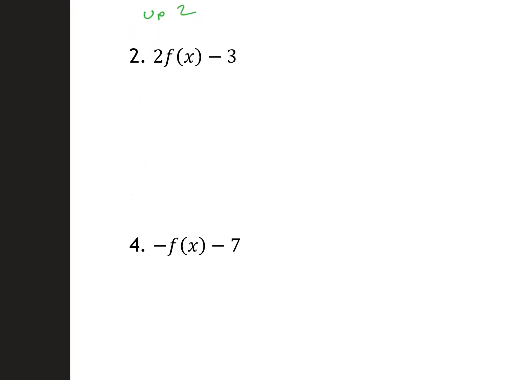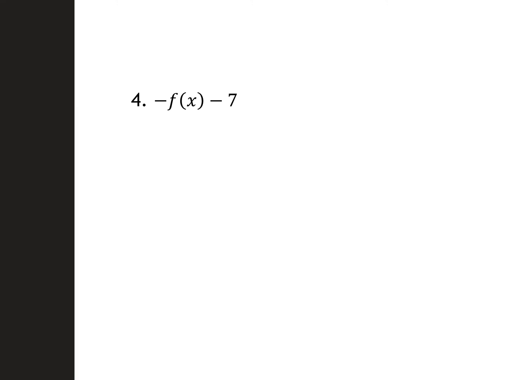So 2 times f of x minus 3, so I got the 2 on the outside, so that's a vertical stretch by 2. I got the minus 3 is not in parentheses, so that's going to shift it down 3 units. I'm going to skip 3, I'll come back to it. It's the same thing, I got a negative on the outside, that's your reflection.